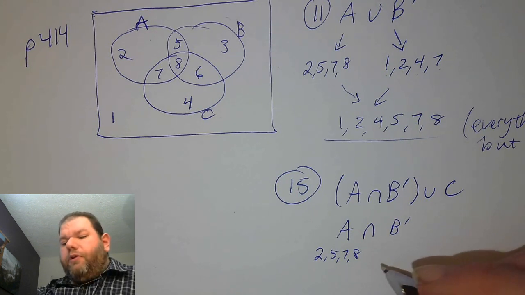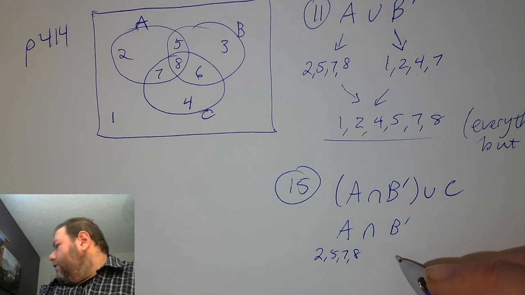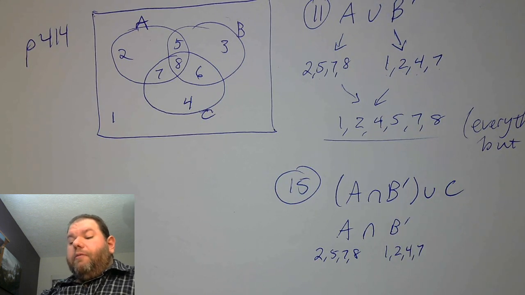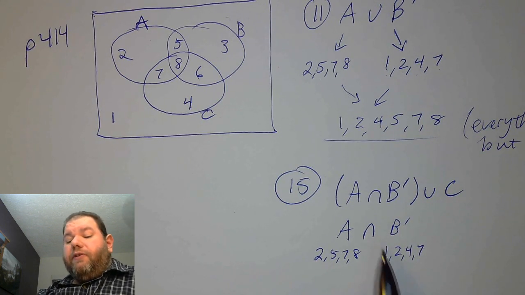Okay, yeah, we can look at that next. B complement is 1, 2, 4, and 7. This time, though, we're looking for the intersection, so where do these two things overlap?